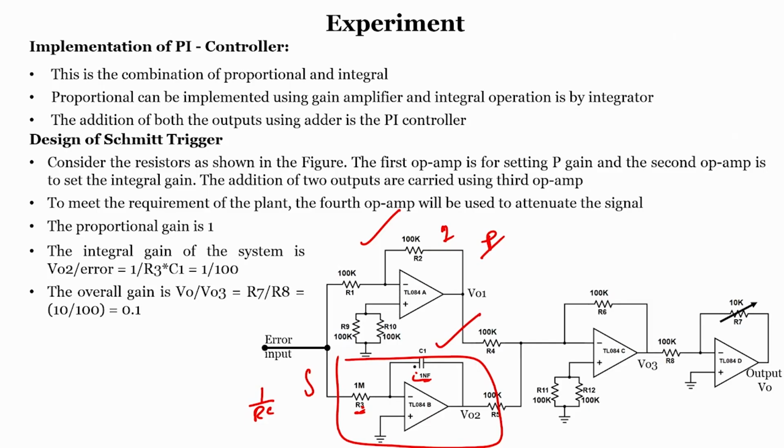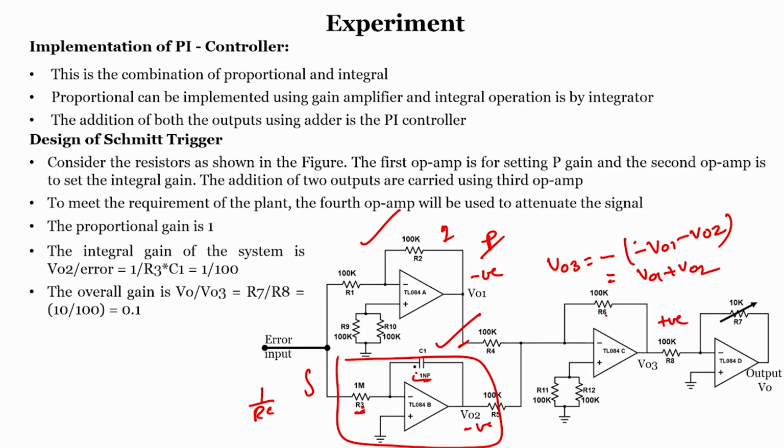But the PI controller is the addition of P and I. So we need to have an adder. This will have a negative phase shift, this will also have a negative phase shift. So no problem, I am taking a negative adder, right, so the output will be positive. So what it does, if I say this is V01 and V02, V03 will be minus of R6 by R4, since both are the same resistance value, the gain is 1, minus of minus V01 minus V02, which is nothing but V01 plus V02.